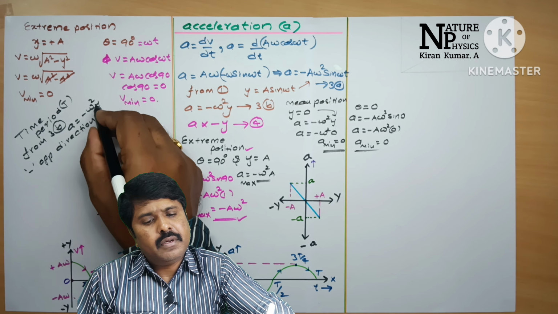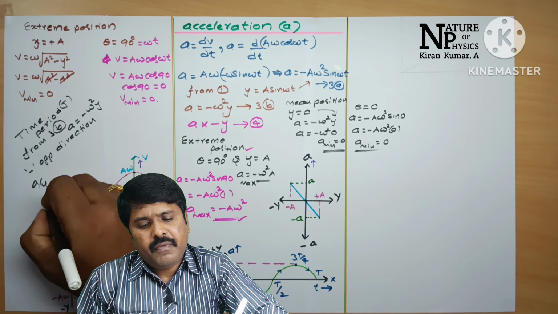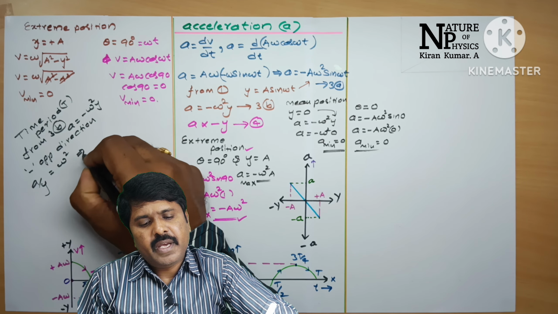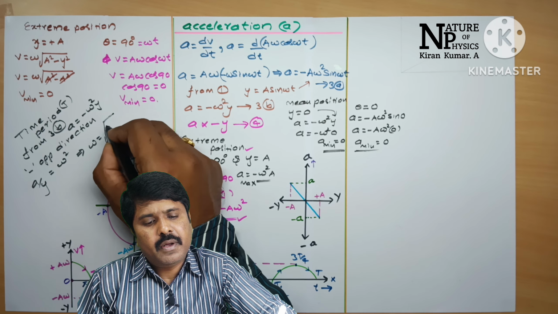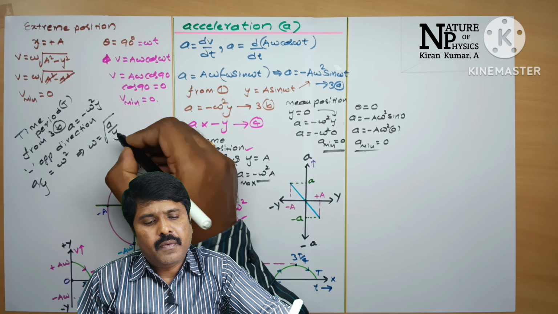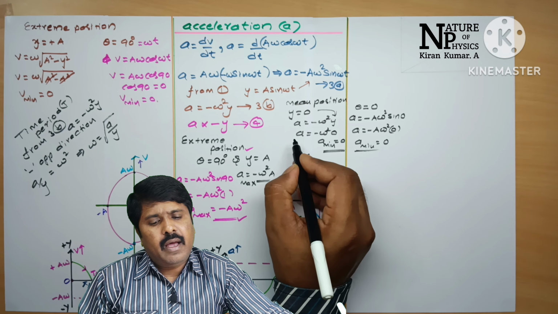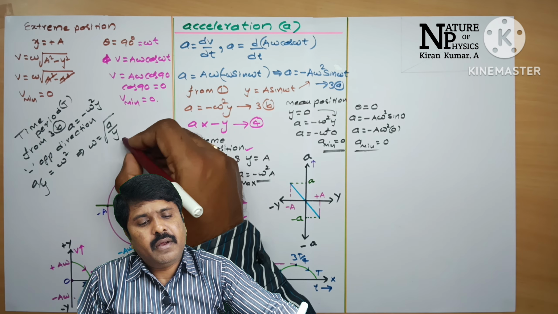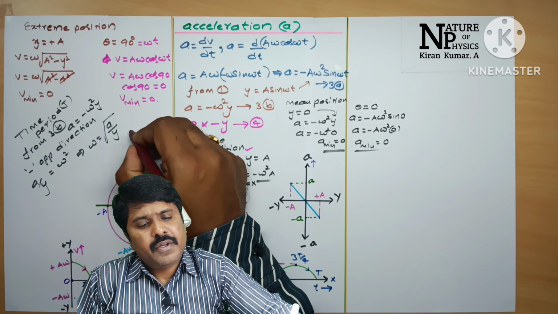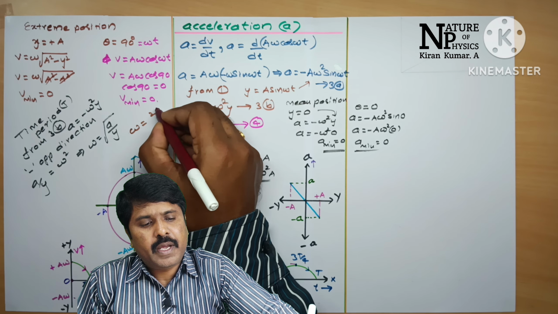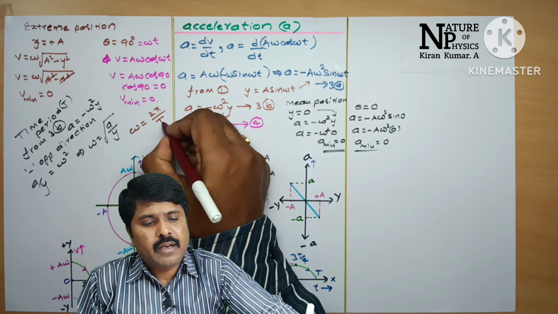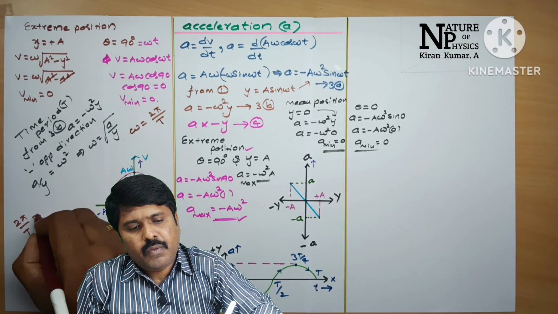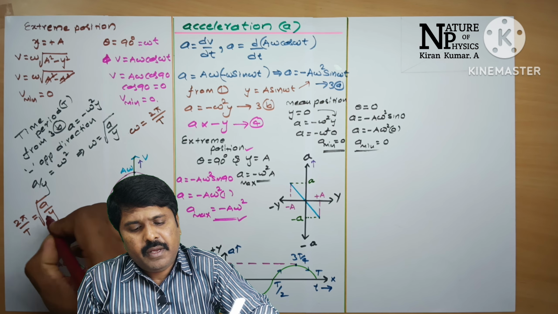So a divided by y is equal to omega square, and omega is equal to root over a divided by y. And omega, the angular velocity, is equal to 2 pi divided by capital T. So 2 pi by T is equal to root over a divided by y.